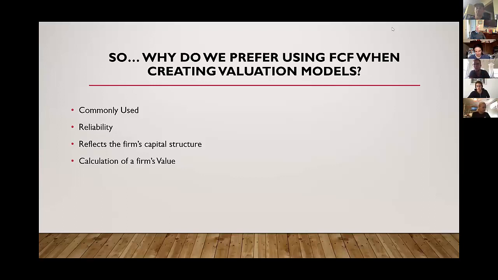So I would tend to agree with that. But let's look at this from a fundamental standpoint. If the APV model, when using the appropriate values for KU, K-tax, KD, etc., should equal the free cash flow model, it really becomes irrelevant which one you use, because you should get the same outcome, right? That would make sense. And we all know now pretty well how to calculate the weighted average cost of capital.